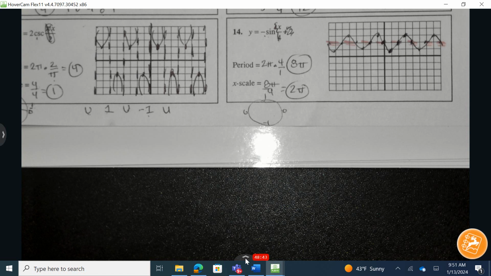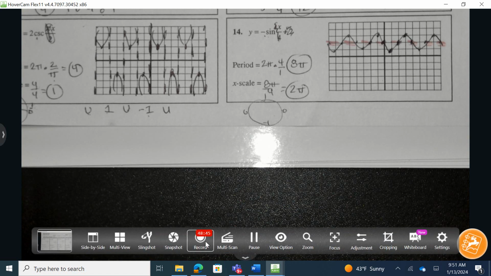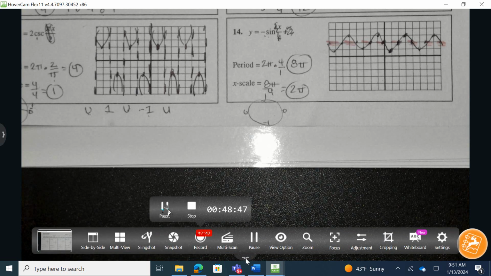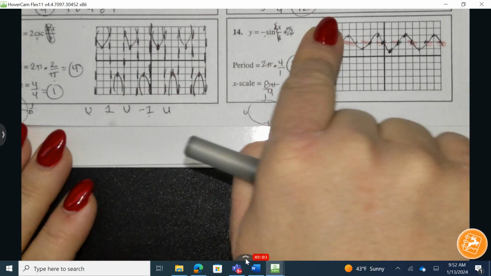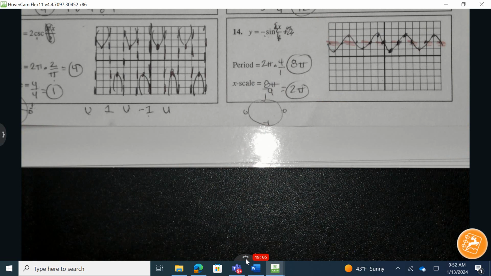Now I'm going to give you some helpful test tips. Your helpful test tip is that on your upcoming exam, you will need to know how to graph all 6 of the trig functions. So don't just memorize sine, cosine, tangent. Make sure you know how to graph, just like this, the cosecant, secant, and cotangent.